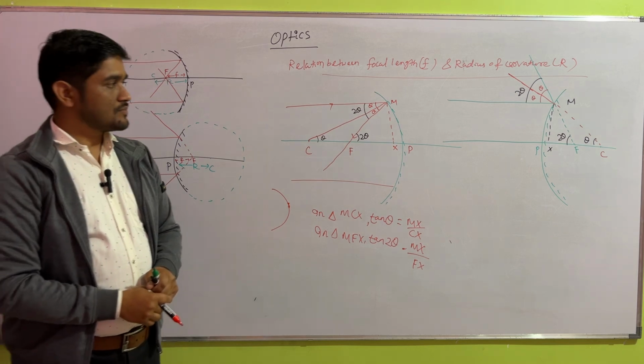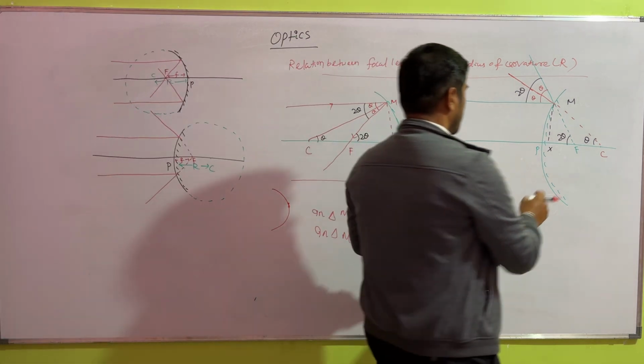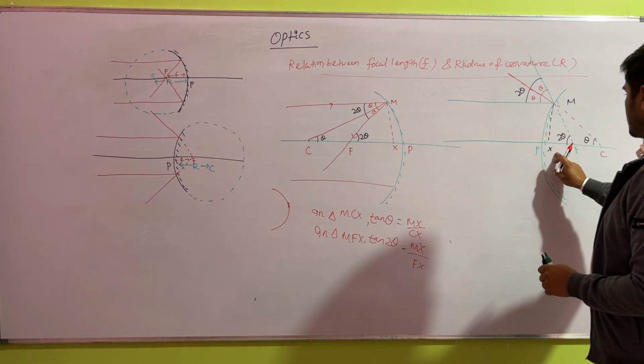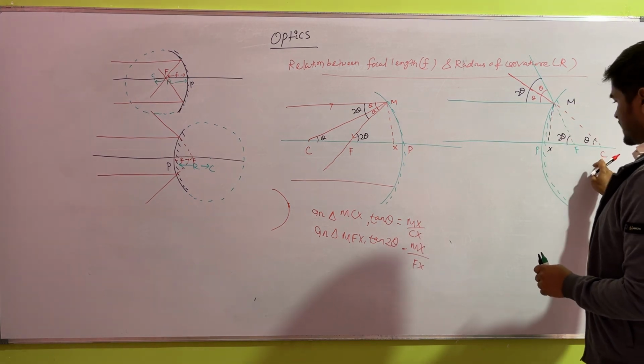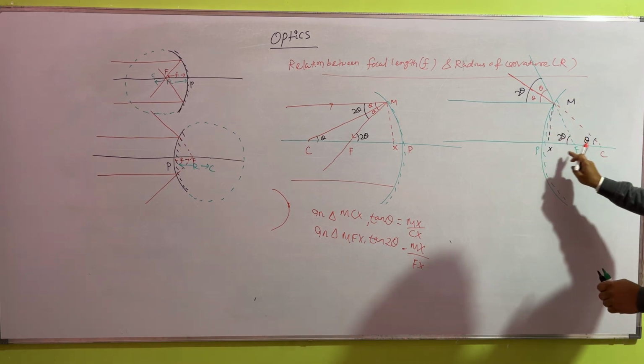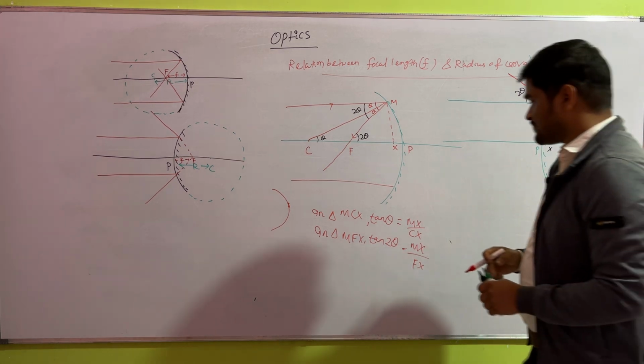Clear? Here also tan theta is equal to MX divided by CX, and tan of 2 theta is equal to MX divided by FX. Clear?